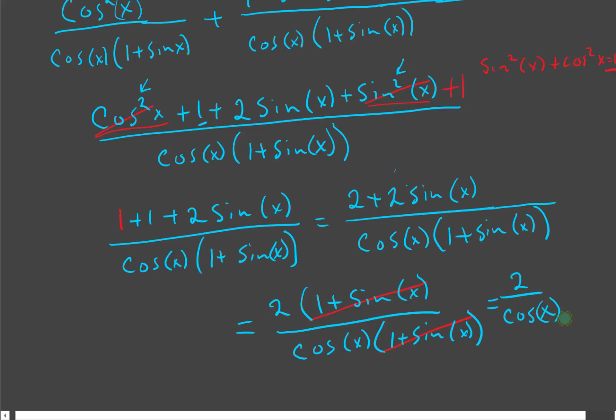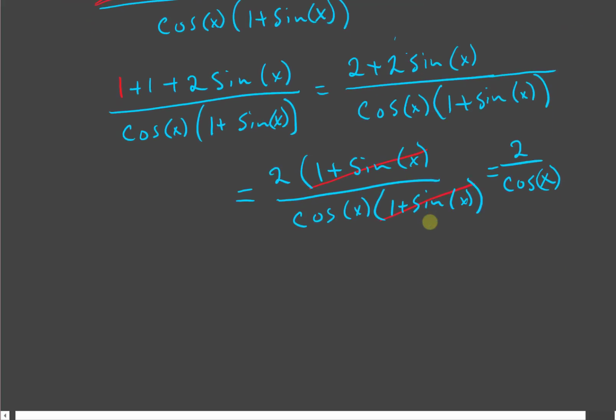Now that looks pretty good, but I really don't like that fraction. So let's see if there's some way that I can simplify that even further. I know the reciprocal of cosine of x is 1 over secant of x. So let's try that. I plug in 2 over 1 over secant of x, and then keep change flip, right?